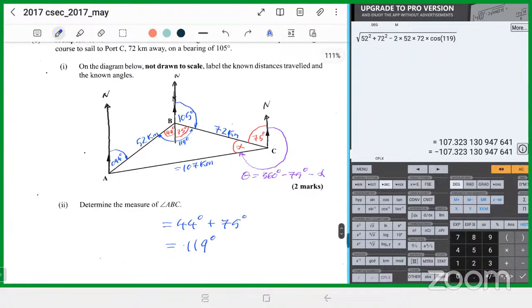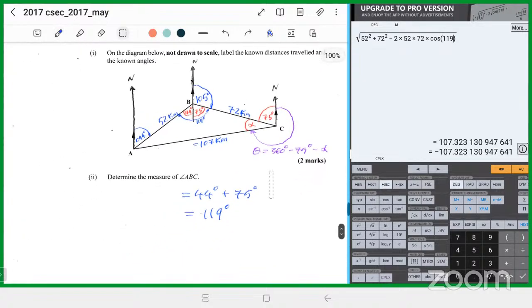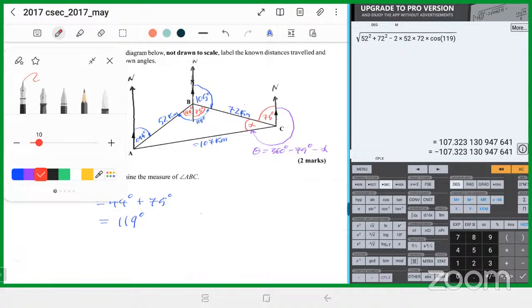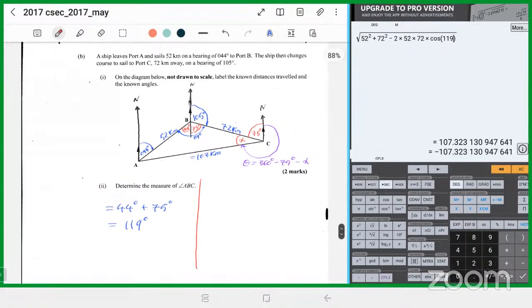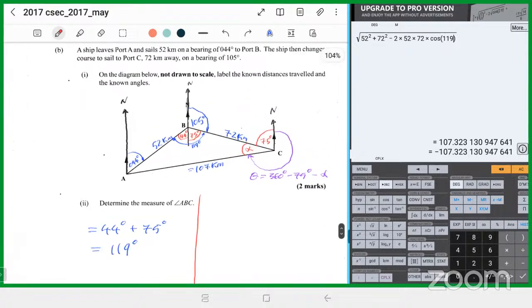I'm doing it right here on the screen with the diagram in front of us, just for the purpose of the lesson. And then I'm going to copy it down. Let me do it right here. The sine rule for the alpha. We need alpha. So sine rule for the alpha.